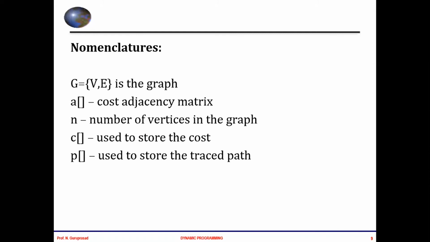Array C is used to store the cost, and array P is used to store the traced path. And this array P at the end will help us retrieve the shortest path, whether it is from source to destination or from destination to source. So let us proceed further and see how we proceed.